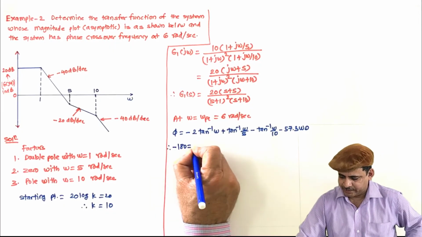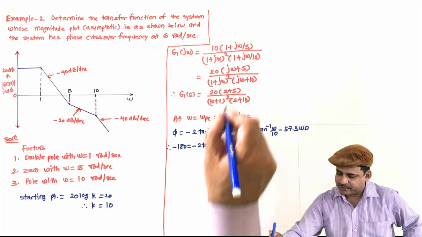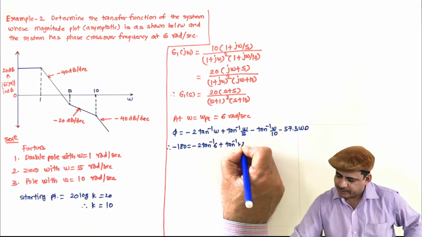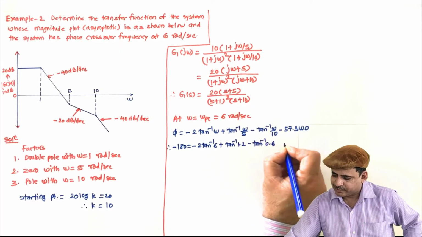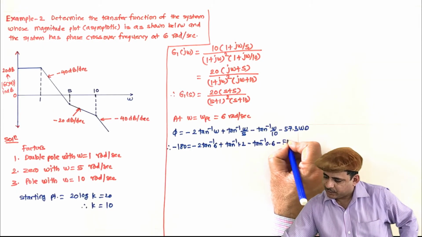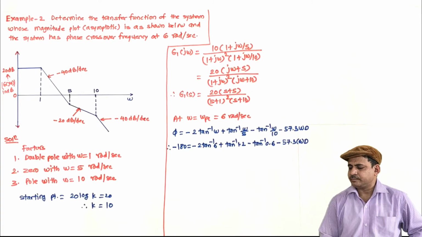So minus 180 is equal to minus 2 tan inverse 6, since omega pc is 6, plus tan inverse 1.2 minus tan inverse 0.6 minus 57.3 into 6 into d.